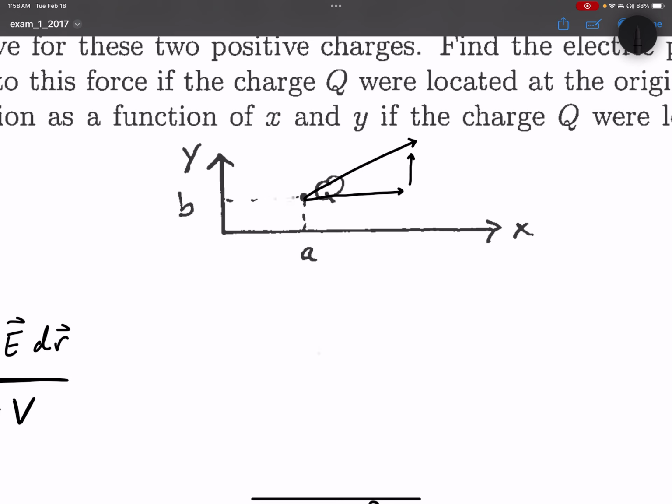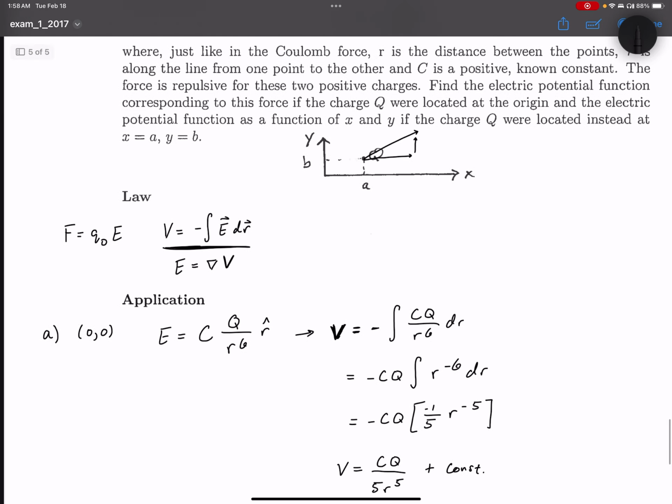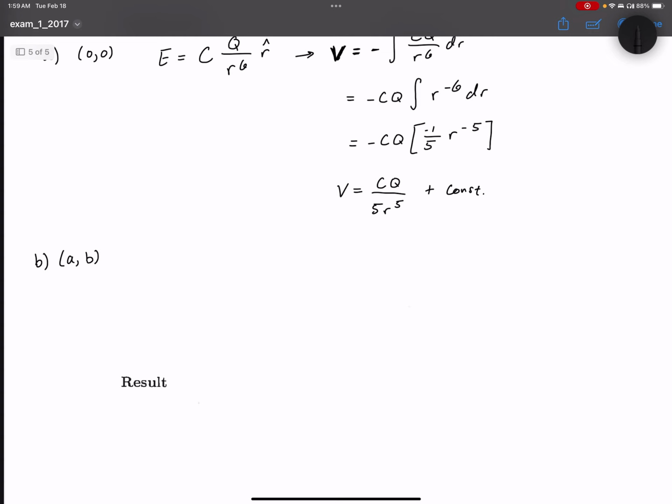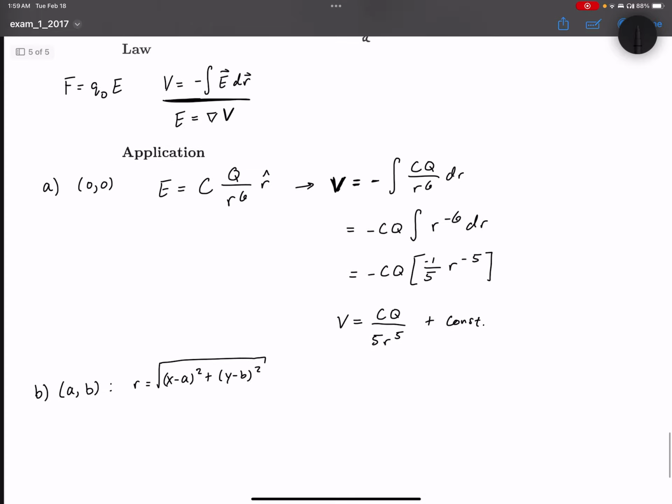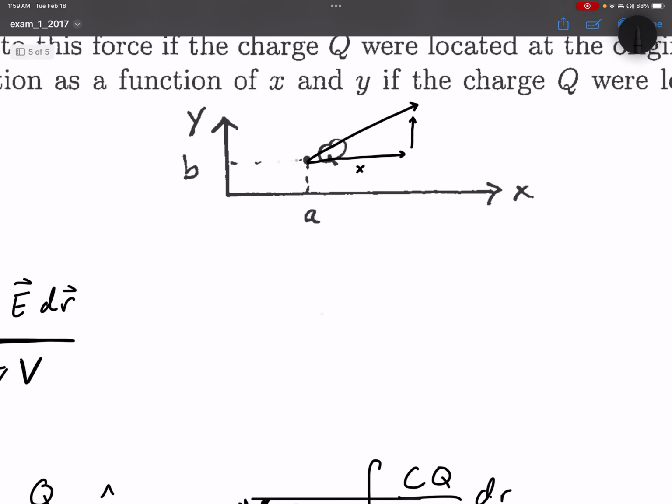The way this works is that because it's not at the origin anymore, we have values for r, the radius. r for us in this case is going to be the square root of x minus a squared plus y minus b squared. The reason is that we have this x component of the vector pointing away from the point charge when it's at (a, b).